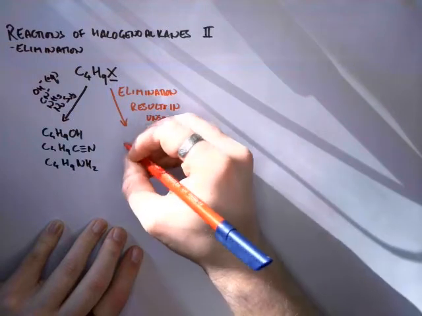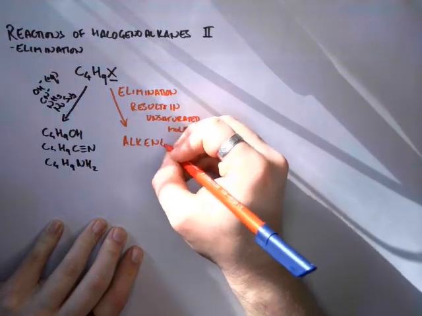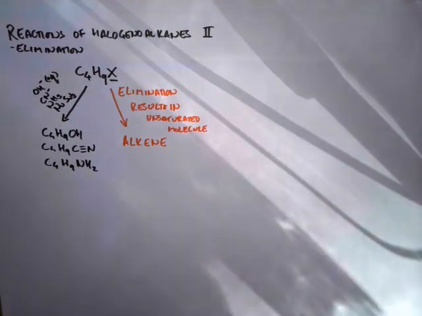We're going to look at this in depth, so you're going to end up with an alkene. So actually what we have is this interesting elimination reaction, and we're just going to talk about what it is that causes this to happen.